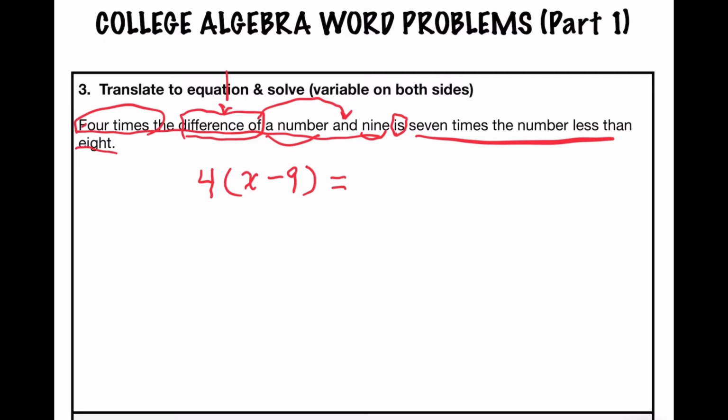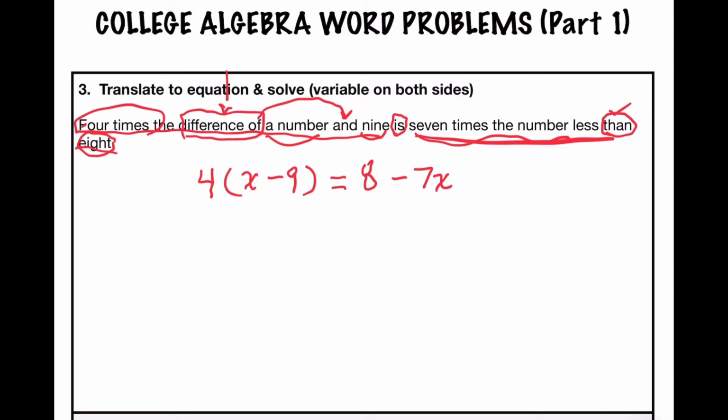The right side expression says 7 times the number less than 8. And here I see one of those key words, than. So 7 times the number will be written first in words, but second in symbols. So that's going to be minus 7x, 7 times the number. And the word 8 is written second, but it will be written first in symbols because the words than and from are the only 2 directional words.